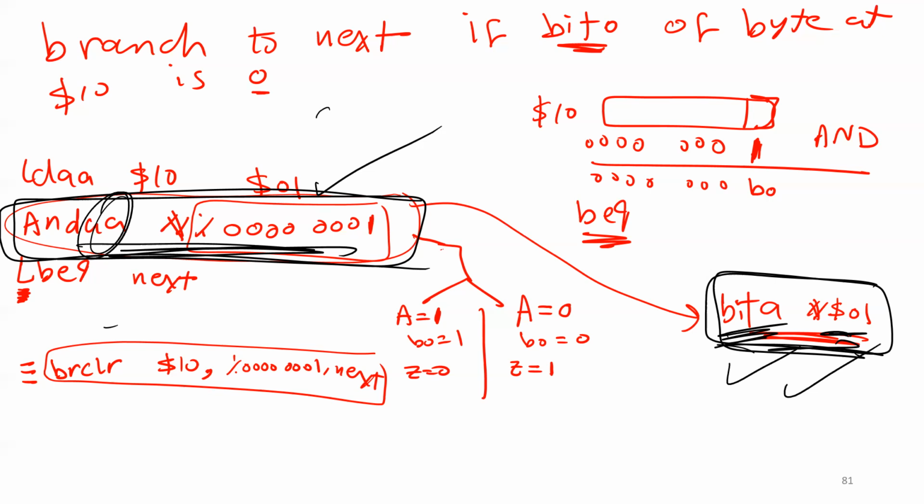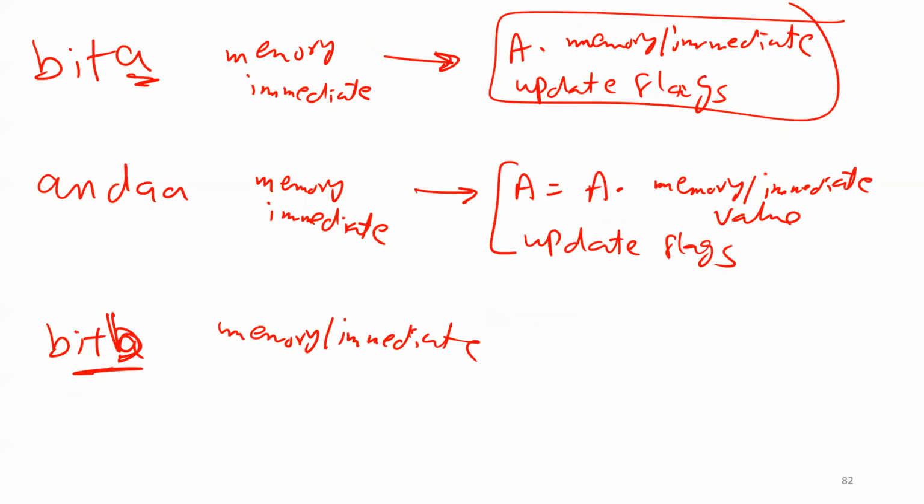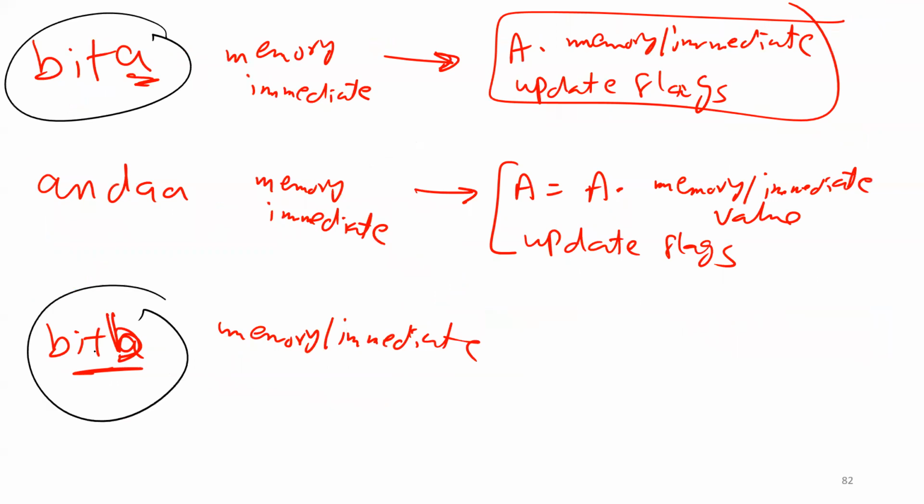We call it BIT A. So actually we have two of them: we have BIT A and we have BIT B. That's all we have. As I'm explaining here, guys, with BIT A you can put a memory location or an immediate value. This one is going to do AND, update the flags, and store the result in A. But this one doesn't store the result anywhere, because I'm not doing AND because I'm interested in the result.